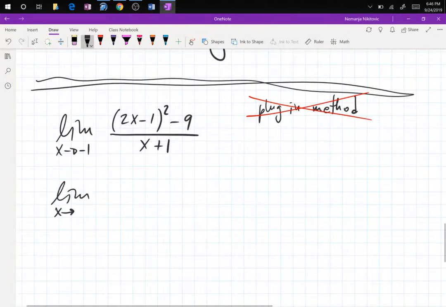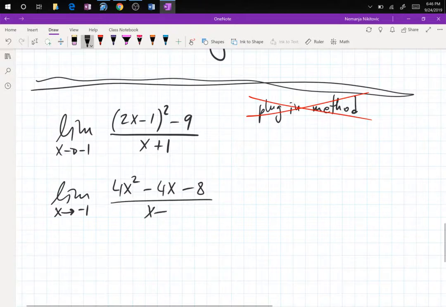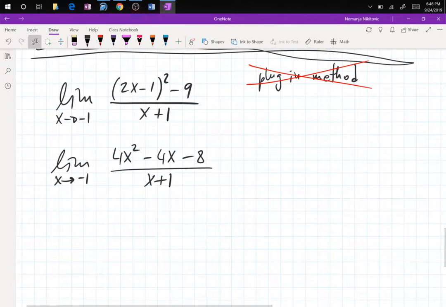So x goes to -1, and now I need to square this. So I have 4x squared minus 4x minus 8, divided by x plus 1. So, yeah, that's when we FOIL.